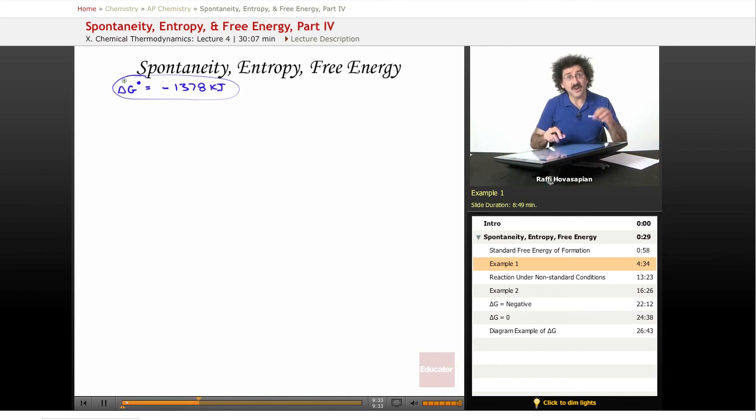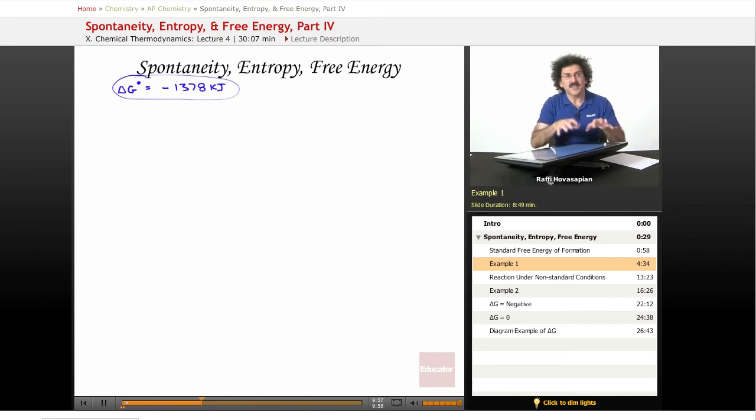It says that the energy of the CO2 and the water is lower than the energy of the methanol and the oxygen gas. So it's a downhill thing. We just needed to get it over that hump. That's the kinetics part.